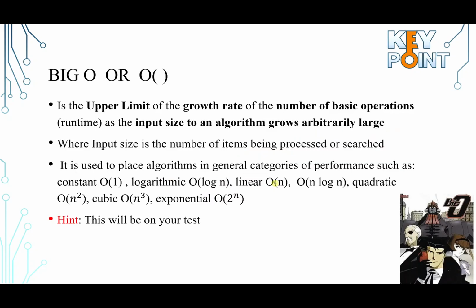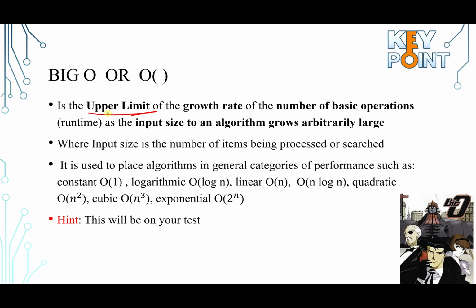Okay, so big O is basically the upper limit of the growth rate of the number of basic operations, the runtime, as the input size to an algorithm grows arbitrarily large. Input size is the number of items being processed or searched.